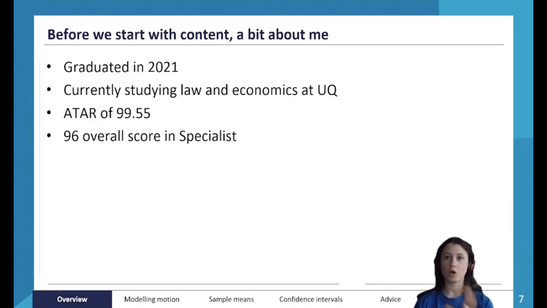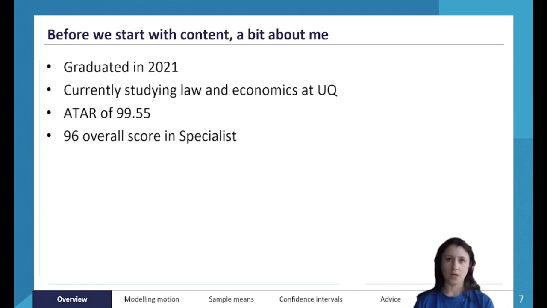I'll go over a little bit in the final section on advice, just about how I got this score, but for a brief bit of background, the majority of those marks that I lost was in the external. I went into the external with 49 out of 50, so I lost 1 mark in one of the exams.